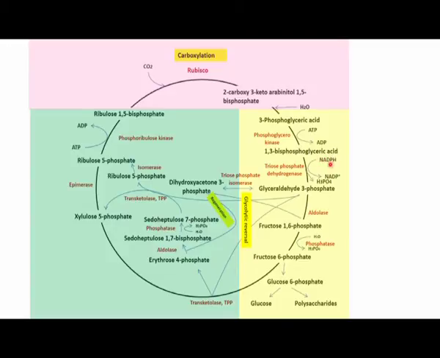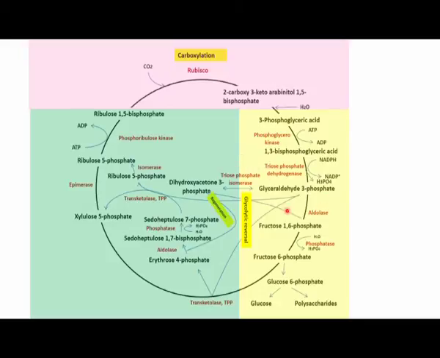A small portion of this glyceraldehyde 3-phosphate then undergoes a process known as isomerization. What is meant by isomerization is that it gets converted into its isomer, which is dihydroxyacetone phosphate, and this reaction is catalyzed by triose phosphate isomerase.